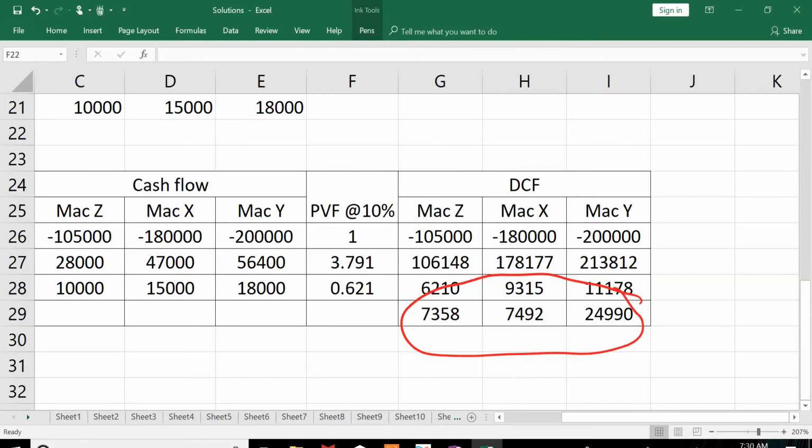So the final conclusion is the company should buy machine Y as it has the highest NPV and discard machine Z. So now write the conclusion.